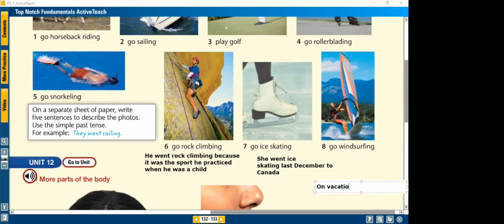On vacation, he went windsurfing to what place? Tell me a place. Tell me a complement of place. Lilian. On vacation, he went windsurfing to Cozumel.